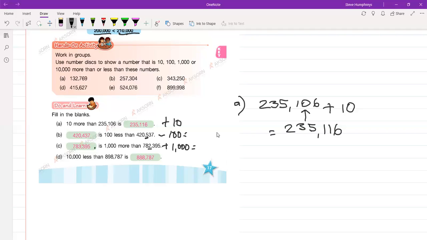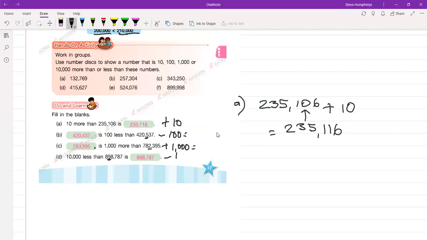And here, D, 10,000 less than 898,787. 10,000. Where's your 10,000 place? There.